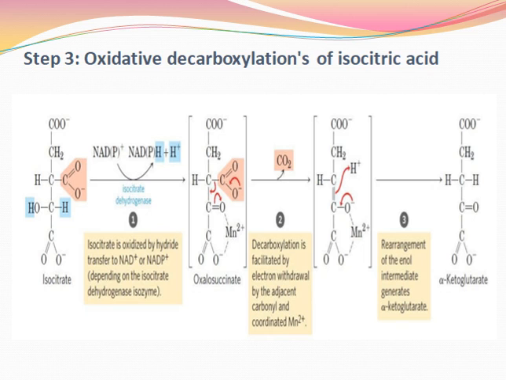The isocitric acid produced in step number 2 now undergoes dehydrogenation brought about by isocitrate dehydrogenase to form oxalosuccinic acid. But this is never released from the enzyme. It is further decarboxylated and alpha ketoglutaric acid is released by the enzyme isocitrate dehydrogenase.